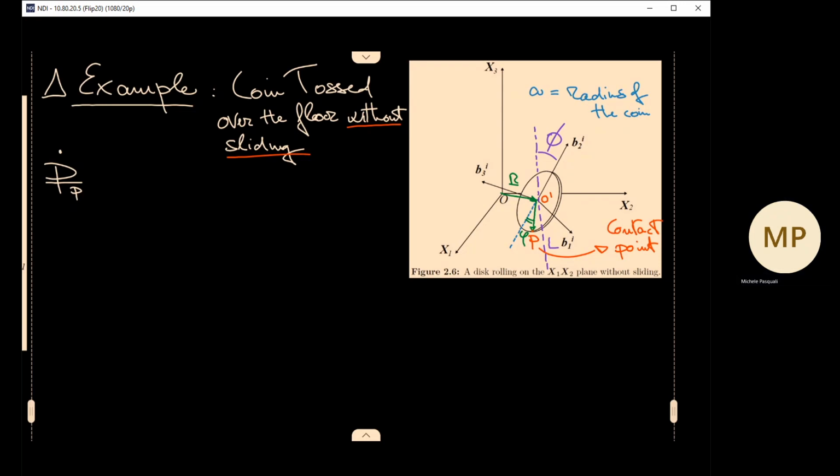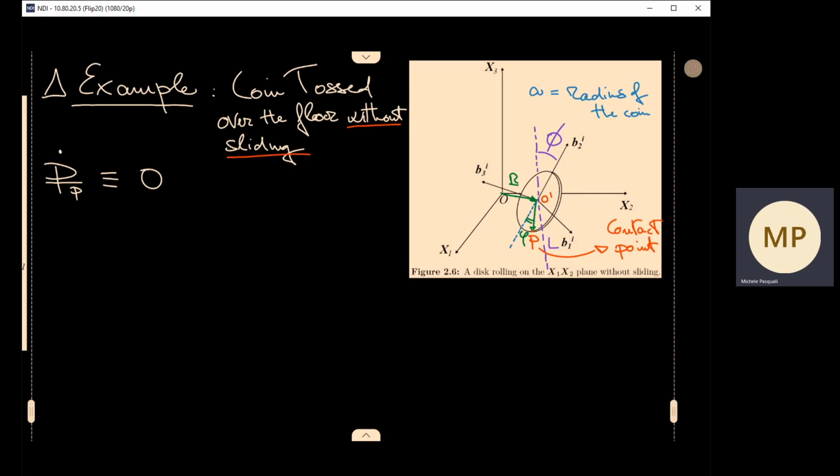In that case, it would not have been the global velocity. In this case, our second body is the ground, so this relative velocity is in fact the absolute velocity of point P, and that's why we set it equal to 0. We will express this as a global velocity.